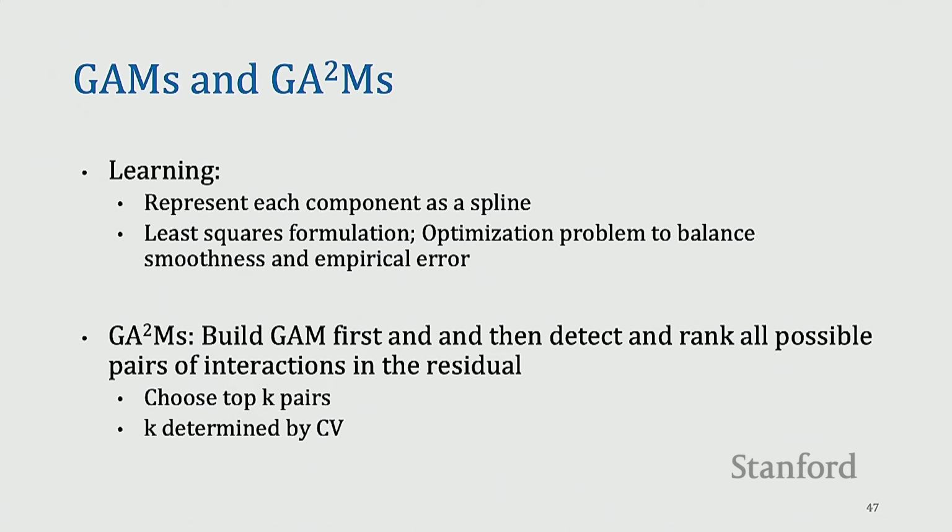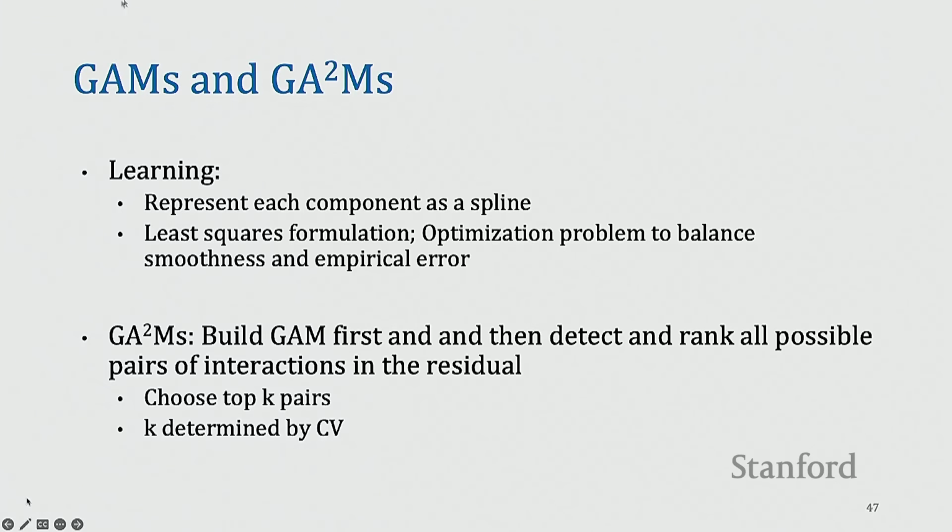And then with GA2M, you also have the higher order interaction terms to consider. So in this case, you first build a GAM, which is without the interaction term, take the residual error, okay, and then rank all possible pairs of interactions in the residual, and try to pick some top k interaction pairs that are contributing to the residual, using some sort of feature selection type approaches, and then even cross validation, right?